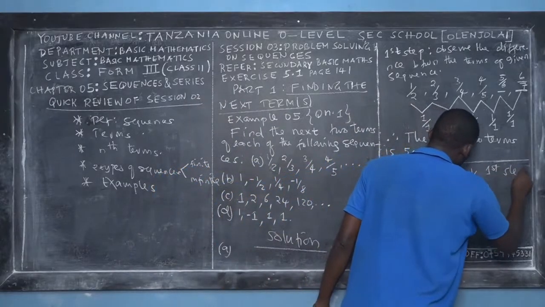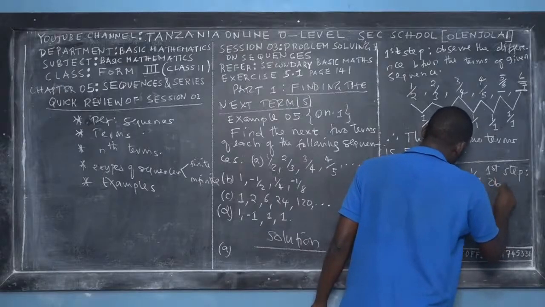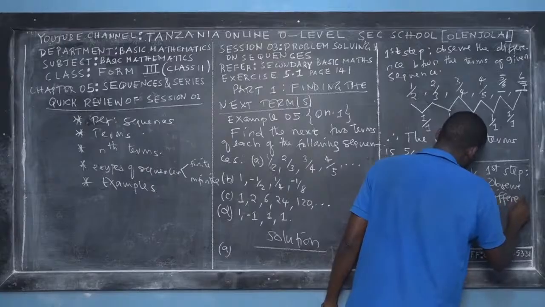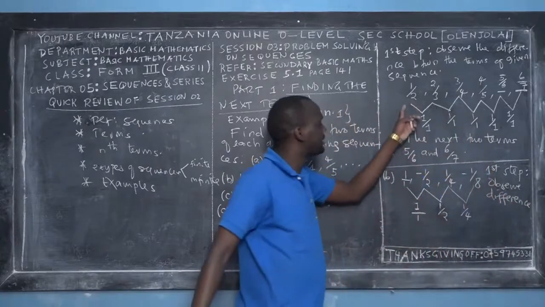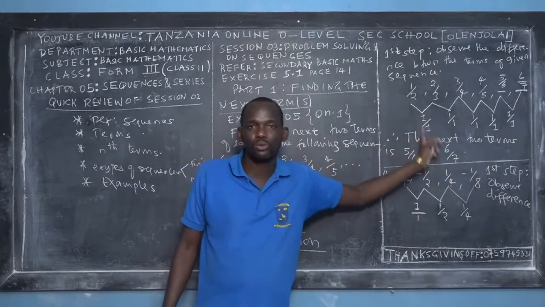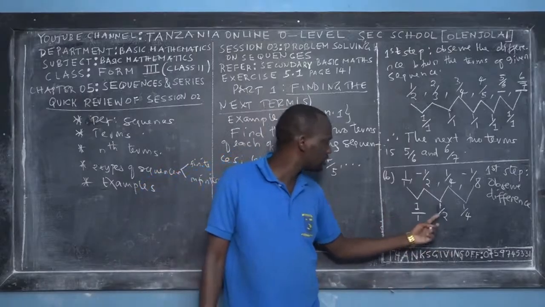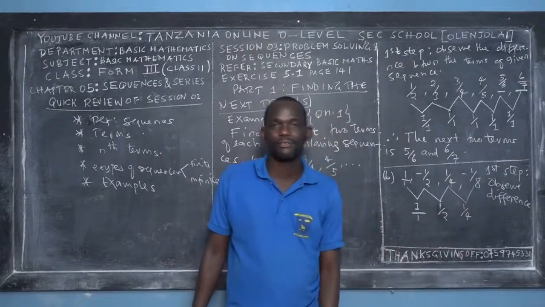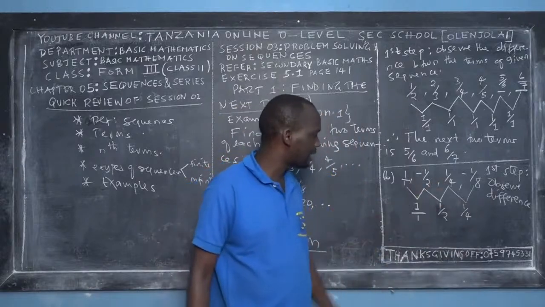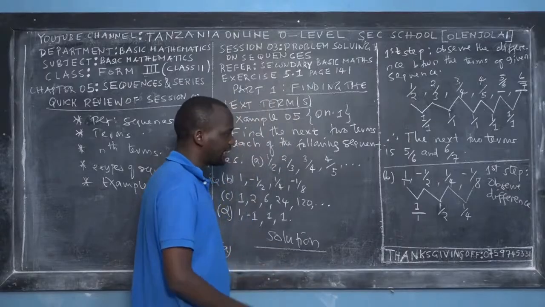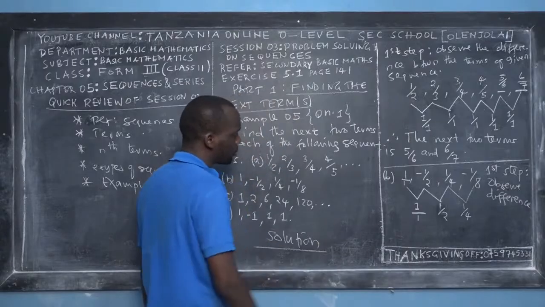In the first step, you observe the difference. In part A, we had a common difference of 1. In part B, we don't have a common difference. 1 is not equal to a half, which is not equal to 1/4, and sometimes we also have the negative sign. So we have to think outside the box to solve this problem.